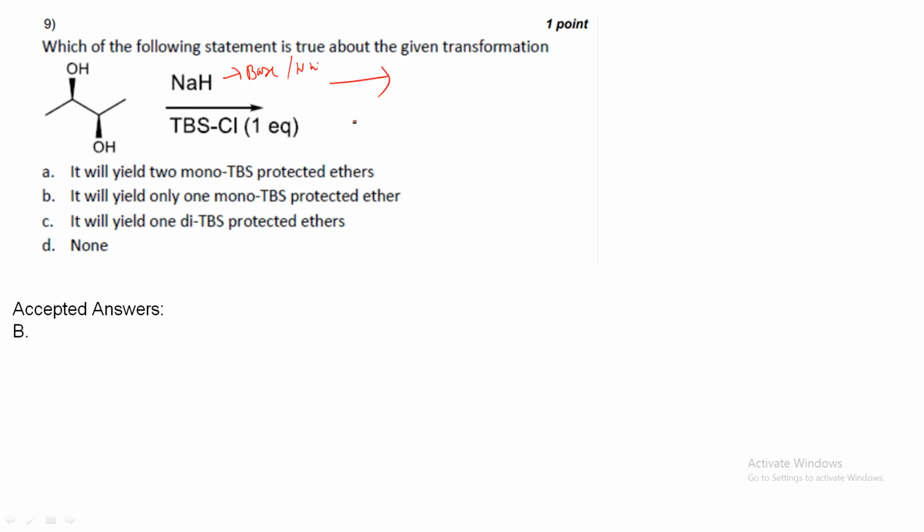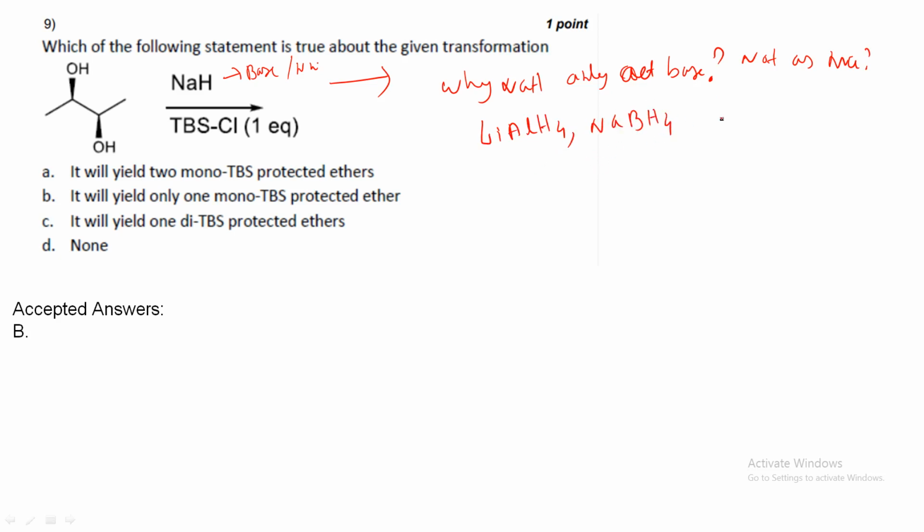So here in this context, you can just discuss one thing, why sodium hydride only acts as a base, not as a nucleophile. When we need H minus as a nucleophile, what do we use? We use species like aluminum hydride or NaBH4. But when we need to use H minus as a nucleophile, we never use sodium hydride.